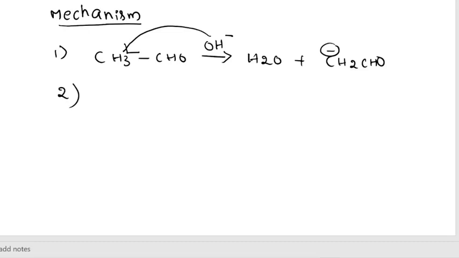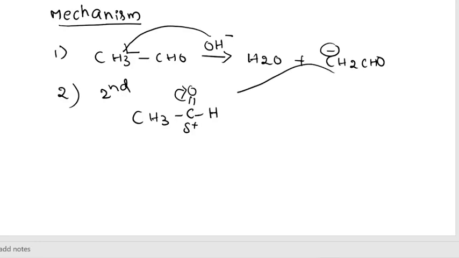And in the second step, what will happen? The second acetaldehyde molecule: suppose we consider the acetaldehyde molecule, the carbonyl group is present, we already know. This is a polar bond, and here you will get a partially positive charge on the carbon atom. On this carbon atom, this carbanion will come and attack.